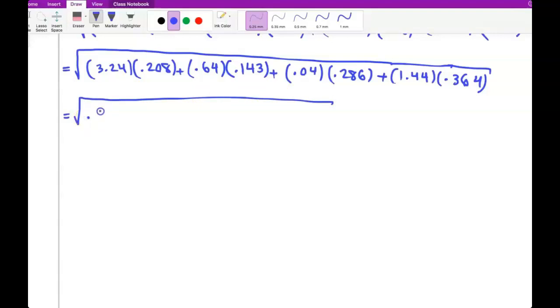So here we have 0.67392, 0.09152, 0.01144, plus 0.52416.